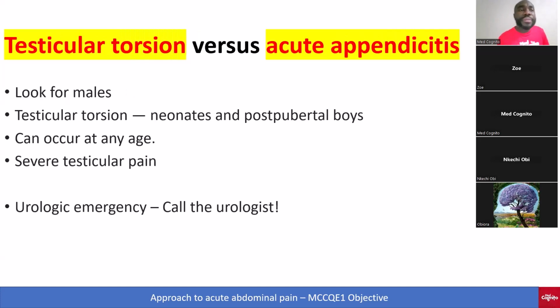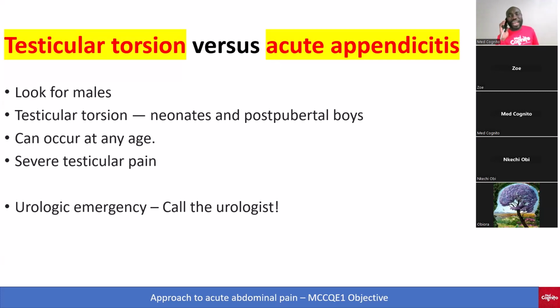All right, good. What about testicular torsion? Look for testicular torsion as a differential in a male, of course. Number 2, in neonates and postpubertal boys. Even though it can happen at any age, look for a patient with severe testicular pain. Doctors, as soon as you see that, pick the phone, call a urologist.